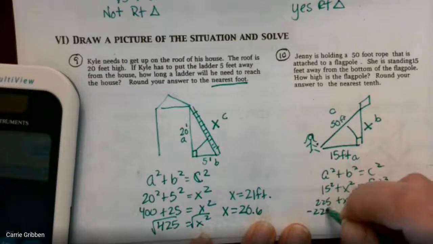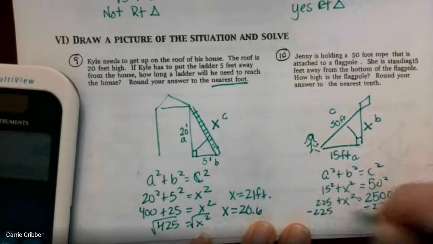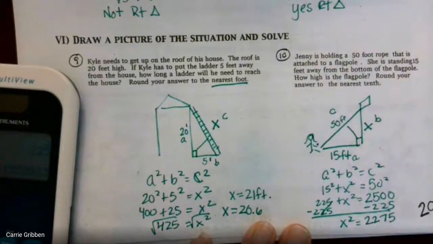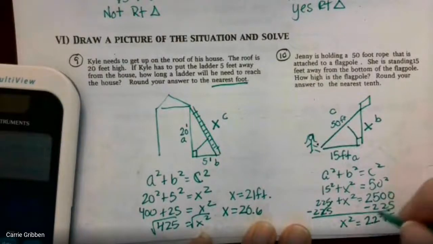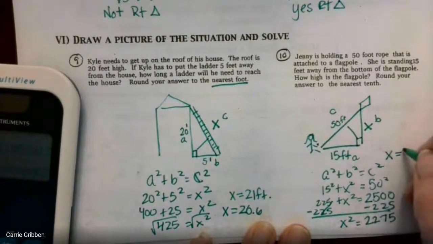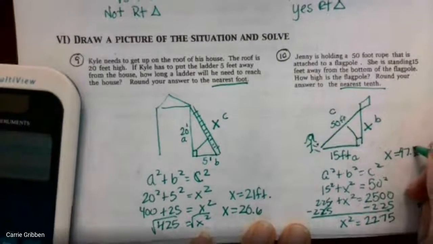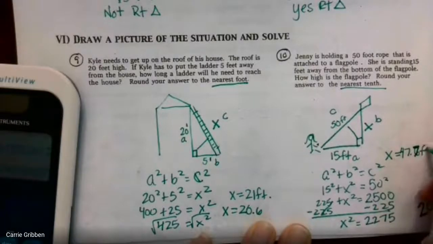And I'm going to subtract 225, which then would give me 2,275. Okay. And I take the square root of 2,275, then x turns out to be, I'm running out of space, 47.6. And it said to round to the nearest tenth. Oh, so if I round to the nearest tenth, it's actually 47.7 feet high. That's very cool.